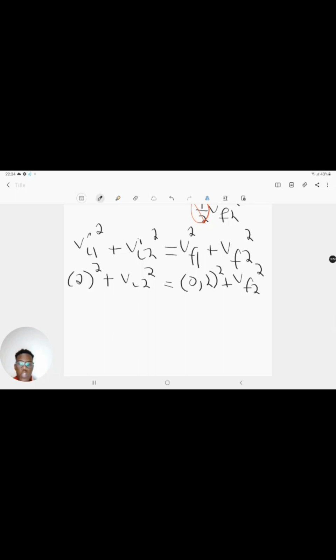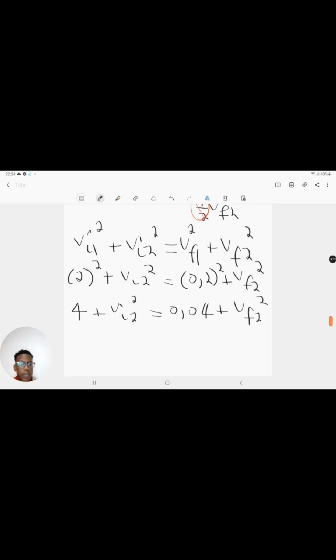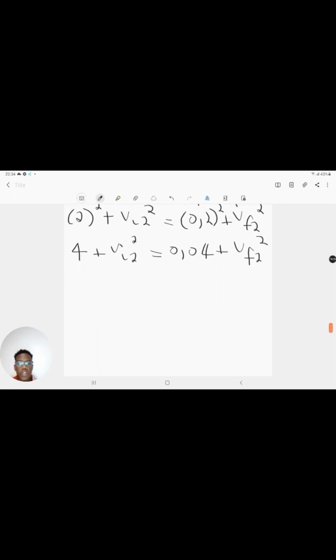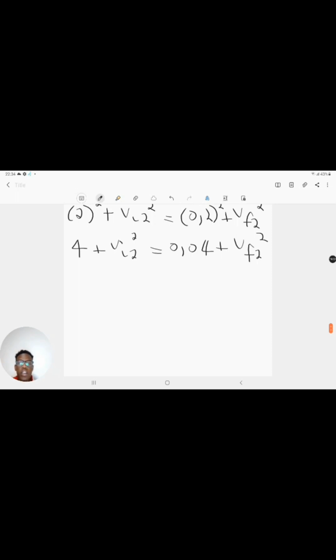I've got 4 plus vi2 squared is equal to 0.04 plus vf2 squared. So now I have this simpler equation. I can simplify it further, but this is my second equation.